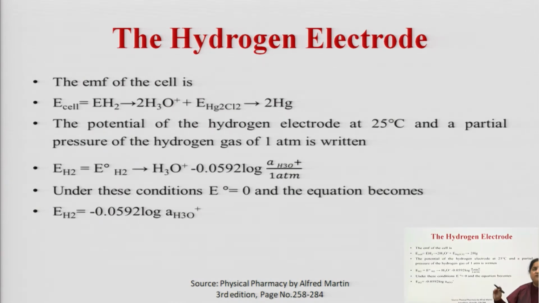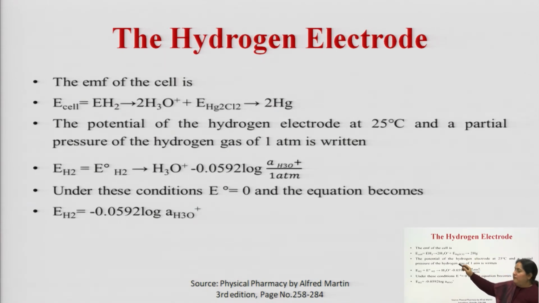The EMF of the whole cell is given by E cell is equal to E of H2 giving 2 H3O plus, plus E of Hg2Cl2 giving 2 Hg.